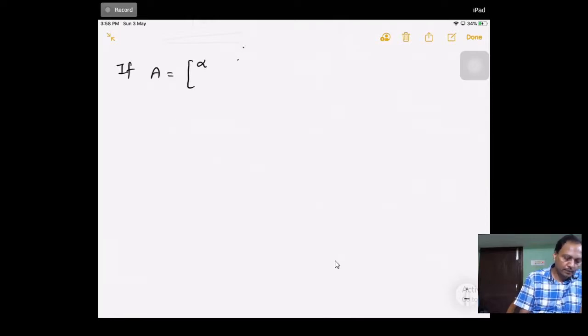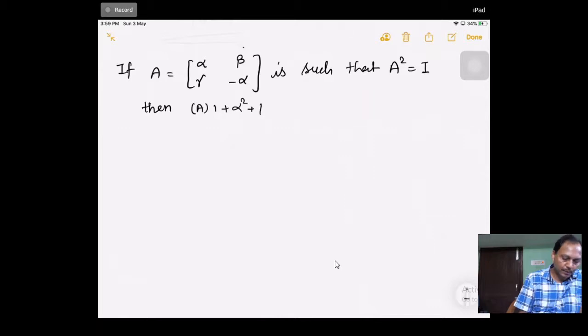We are taking one example to clarify this. Question is, if matrix A is equal to alpha, beta, gamma, minus alpha is such that A square is equal to I, then option A is 1 plus alpha square plus beta gamma.